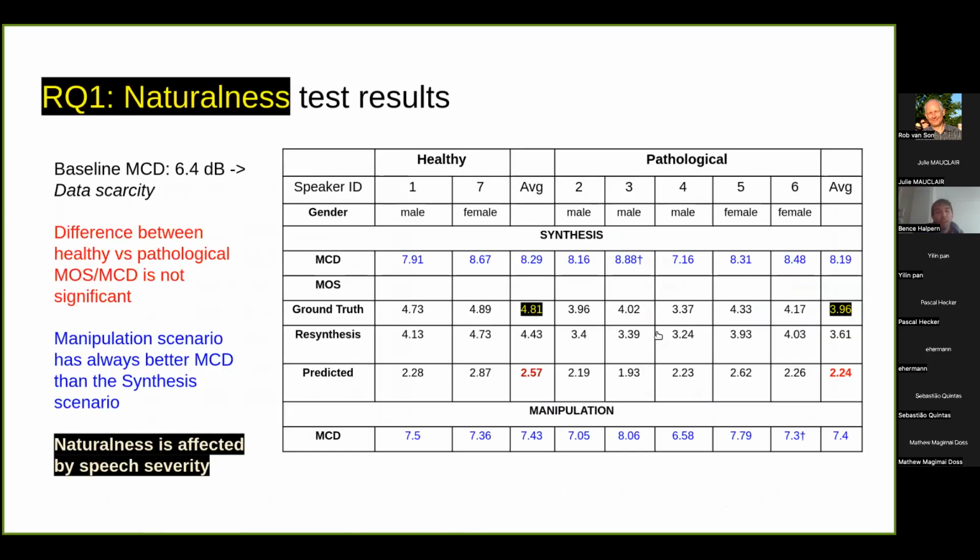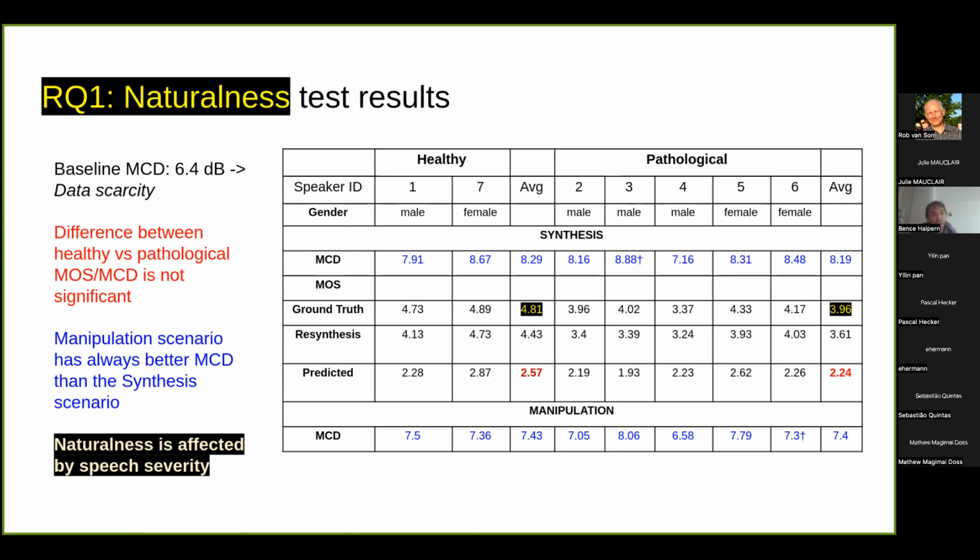Regarding the naturalness results of our framework, we have again found that naturalness is affected by the speech severity, which is shown by the yellow numbers.